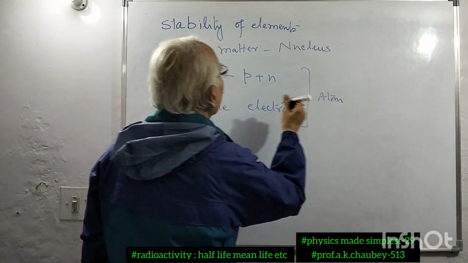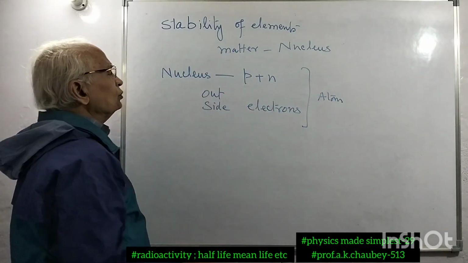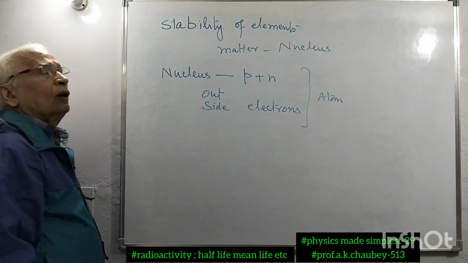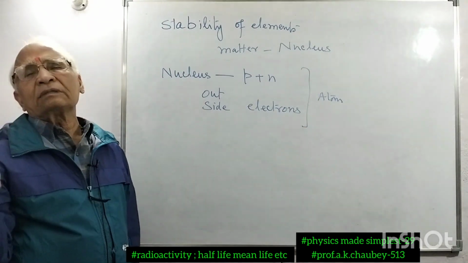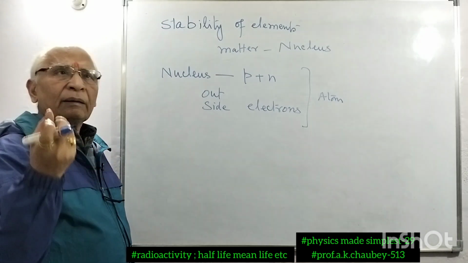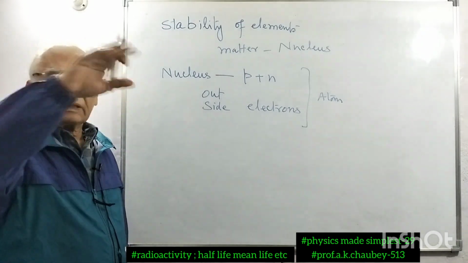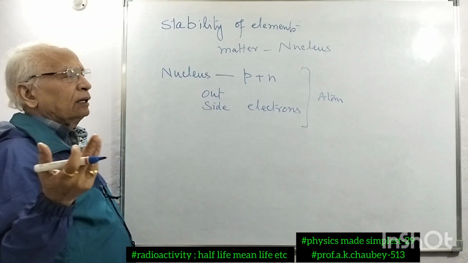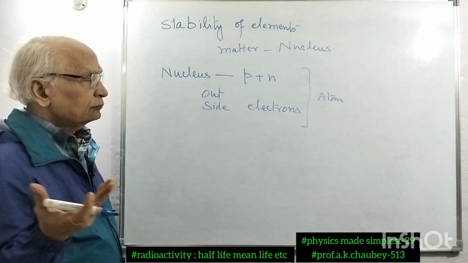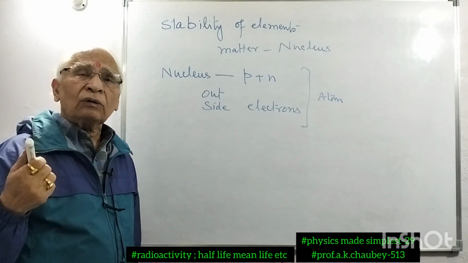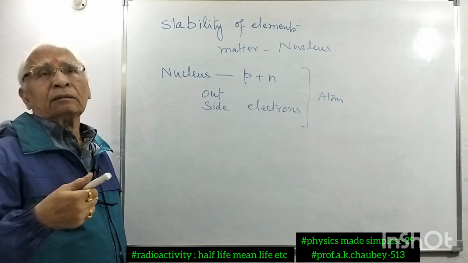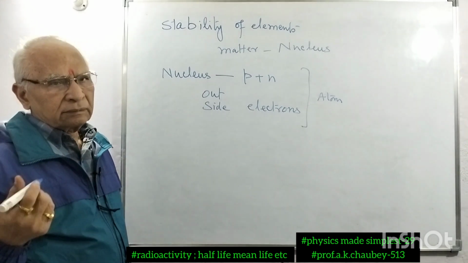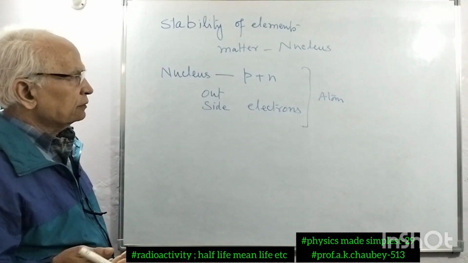Well, why is the atom stable? Atom is actually nucleus because electrons are revolving outside in fixed orbit, so they are stable. There is transition only, then the emission of some radiations, some photons.